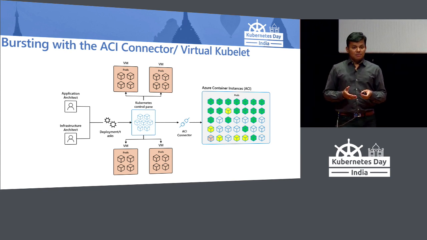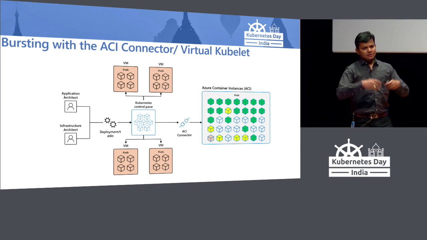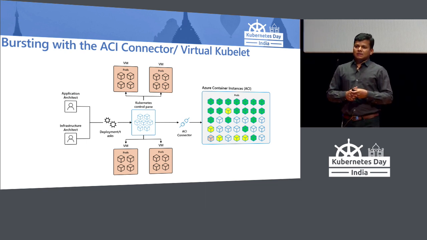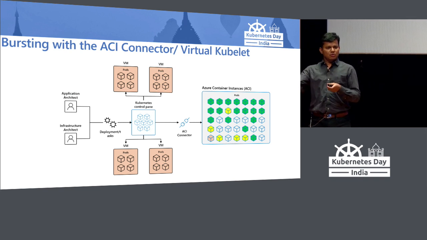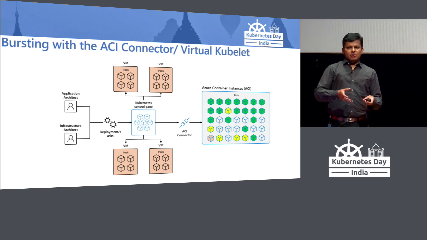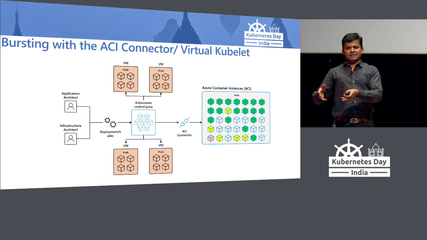But if you throw these burstable workloads to a container instance, spinning up a container is very quick, right? In a matter of 10 to 20 seconds, depending on where you put the container images. If it is co-located in the same data center, you would be able to set up the whole container instance in less than 7 to 8 seconds, right?